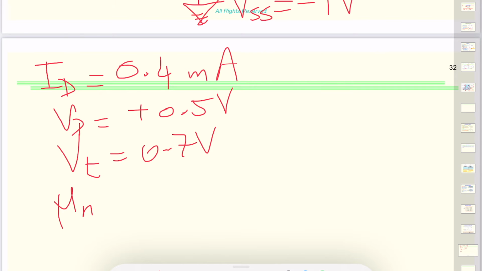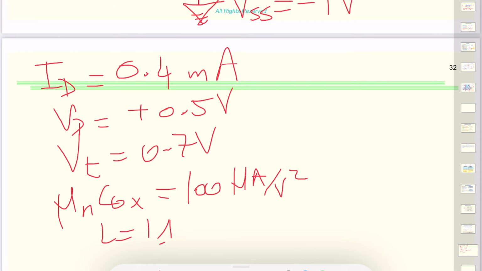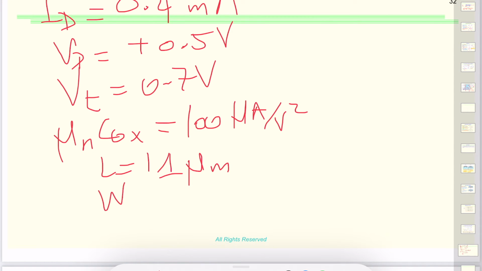Mu n Cox is given as 100 microamp per volt squared. Length is given as 1 micron. Width is given as 32 micron.